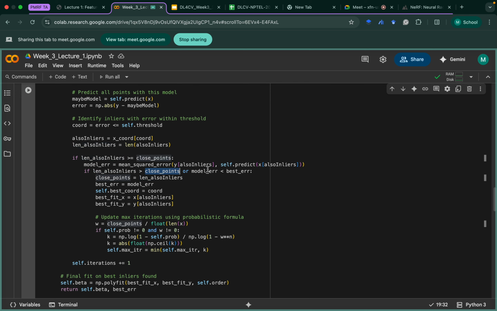Or my current error is lesser than the best error estimated till now, then I update the close points, as in the number of inliers, to the current one, the best error to this, and best coordinate. So this is, okay, which were those data points which were used to compute that model.